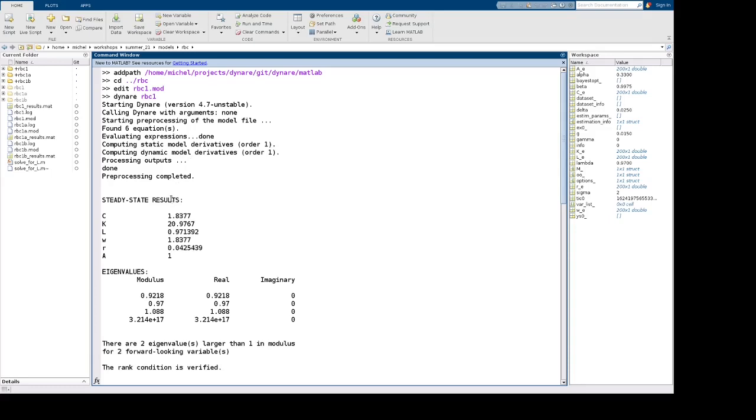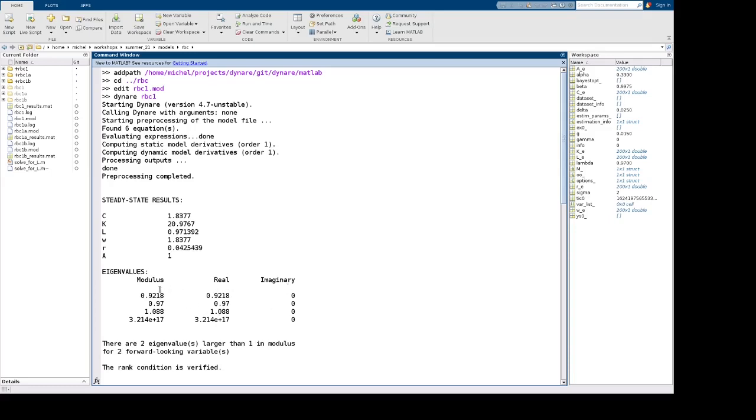Like in the case before, first we have the steady command that checks and displays the steady state value. Then we have the check command that computes the eigenvalues. We have four eigenvalues, all real, no complex.